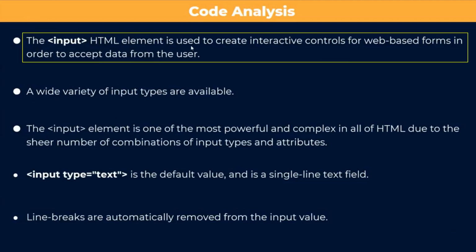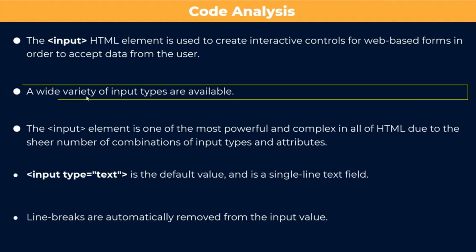The input HTML element is used to create interactive controls for web-based forms. So the input, in our case, was a text box, and it allowed people to type stuff into it. But we will use different ones like a number later on. So there are a wide variety of input types available.